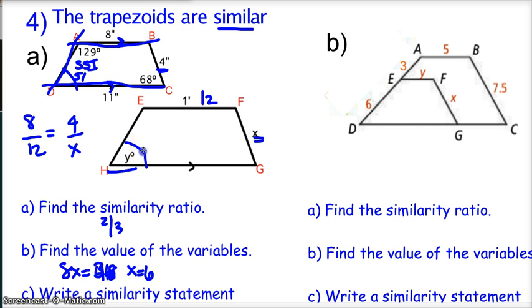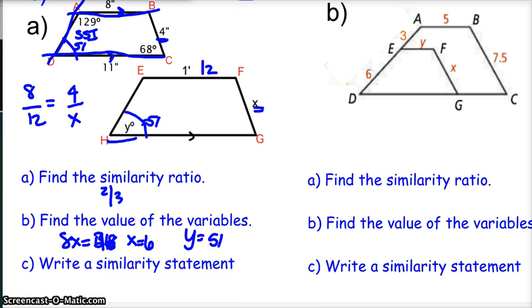Since the trapezoids are similar, the corresponding angles are congruent, so y is equal to 51. A similarity statement is you stating the order of the vertices. So A, B, C, D is similar to E, F, G, H.